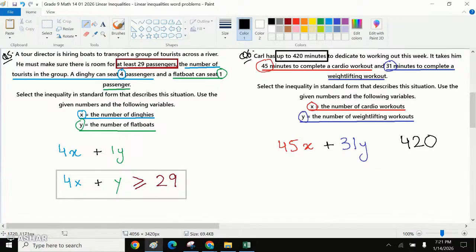He only has 420 minutes, which cannot be exceeded, but it can be equal or it can be less than, right? So the time that he is spending could be less than 420 or equal to 420. So this is an inequality formed under these given conditions.